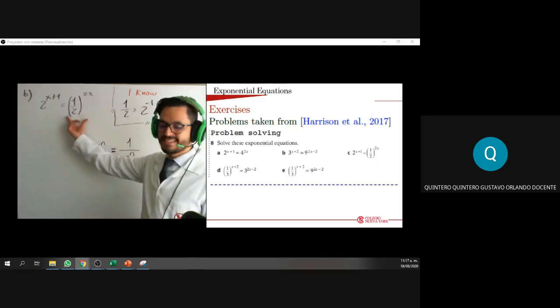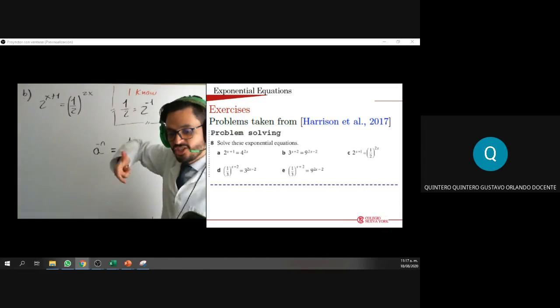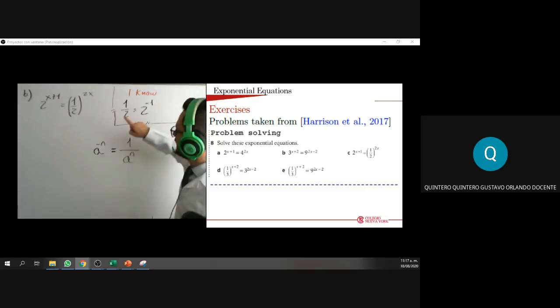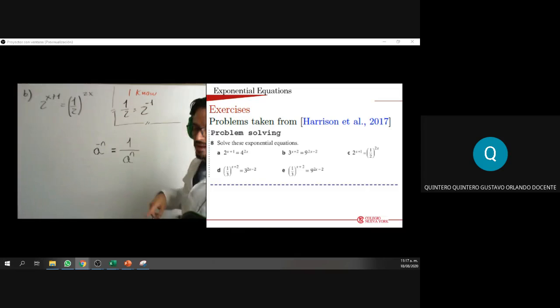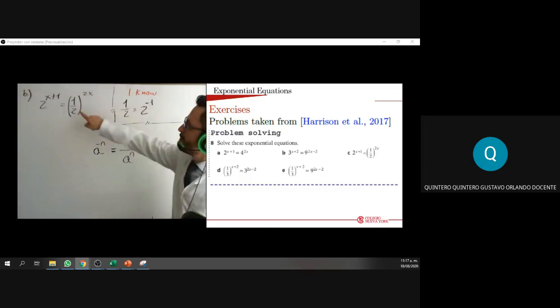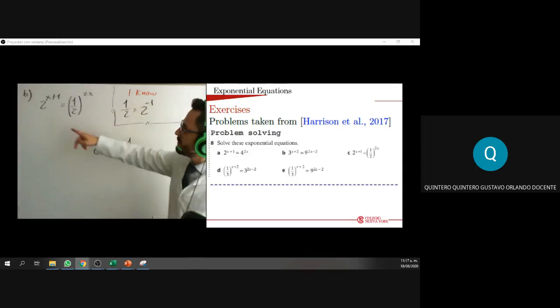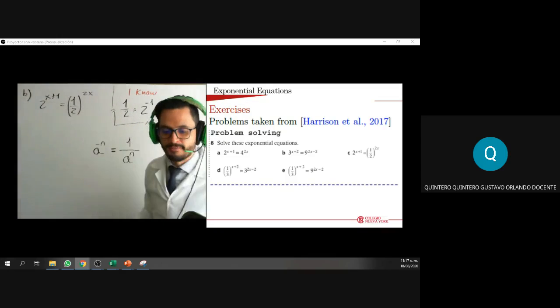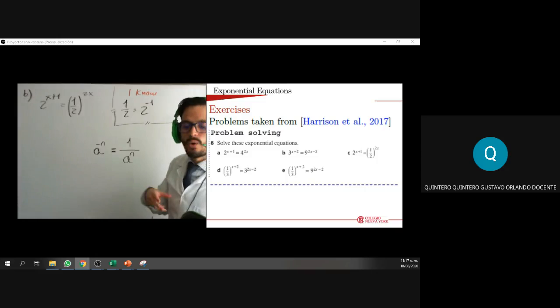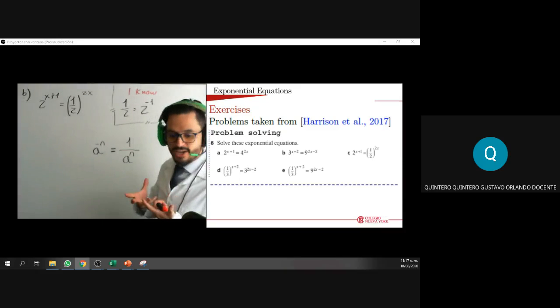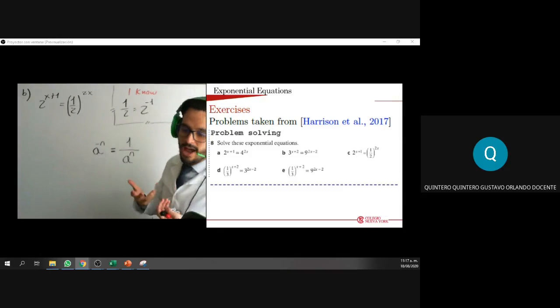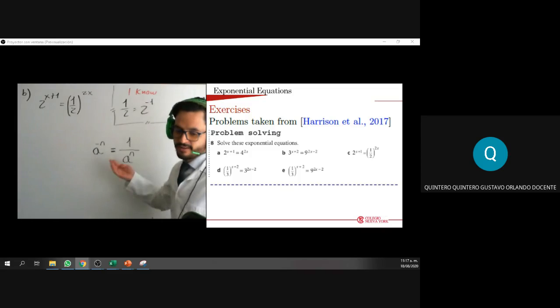What that means is the 1/2, I can reorganize it into 2 to the negative 1, which is a value with the same base as this one. Look at that, 2 elevated to something, and here I have 2 elevated to something. So I am, again, rewriting the expression. Only now I'm using a clever property.